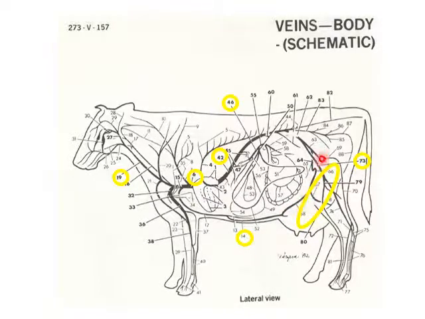So you're going to have a possibility for the udder to drain up into the caudal vena cava. You also have the possibility of drainage coming back into the superior vena cava, or the cranial vena cava. That's a unique kind of arrangement.